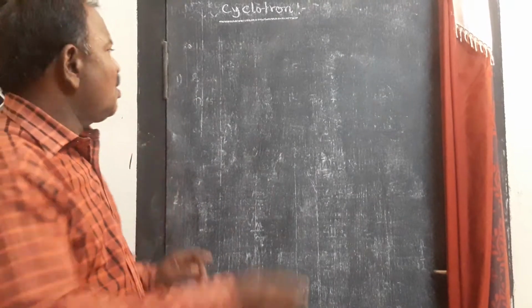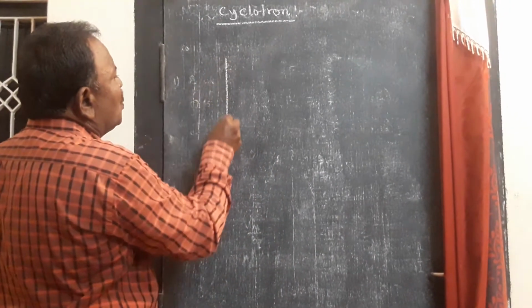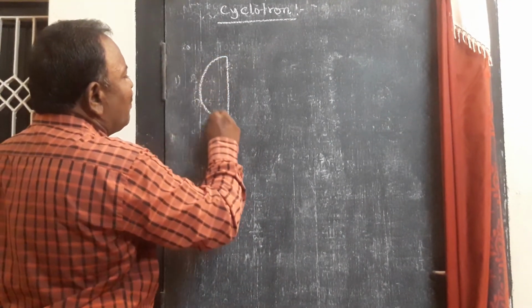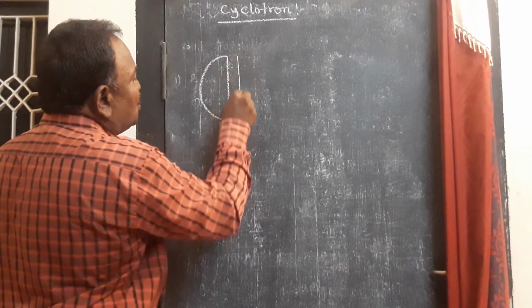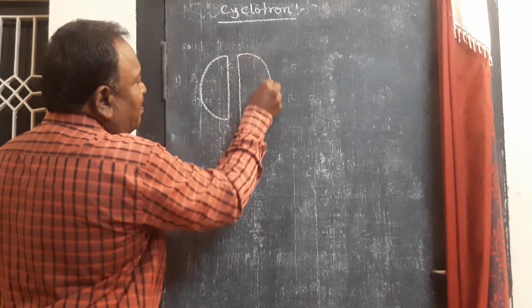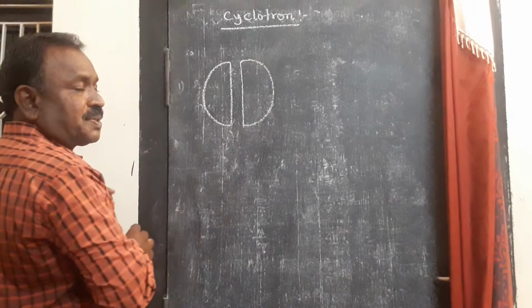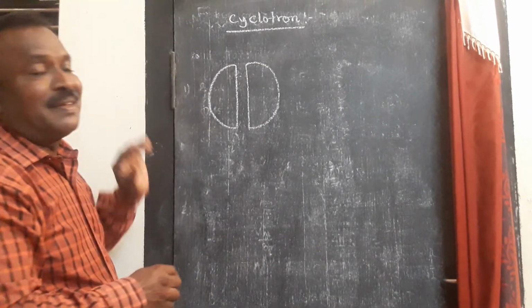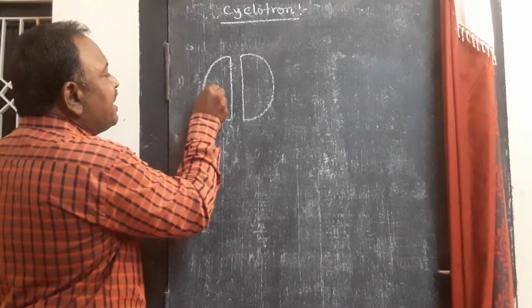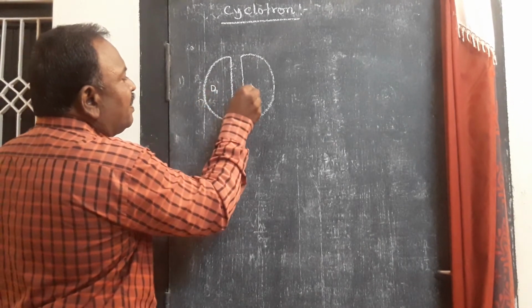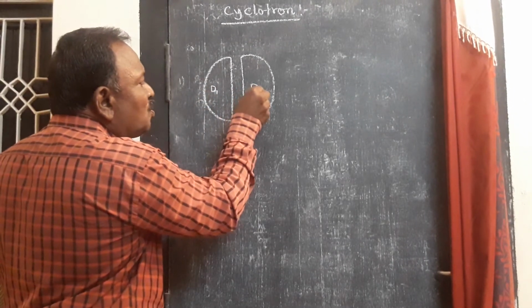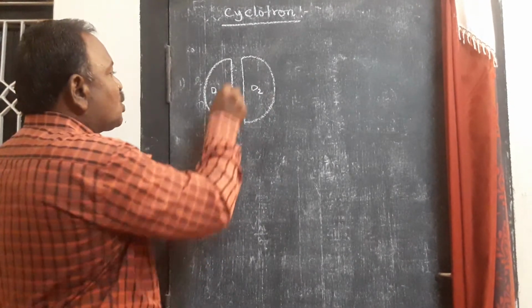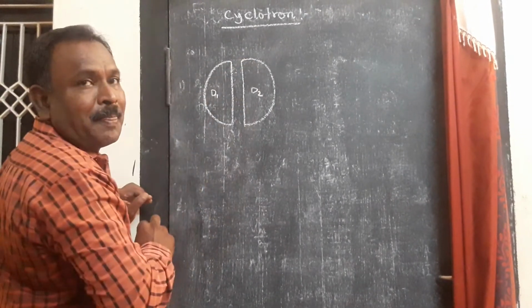So in a cyclotron, we have two evacuated metal chambers, two hollow chambers separated by a small distance, which resemble the shape of the letter D, and they are called Ds. So D1 and D2 are the two Ds. They are separated by a small gap.